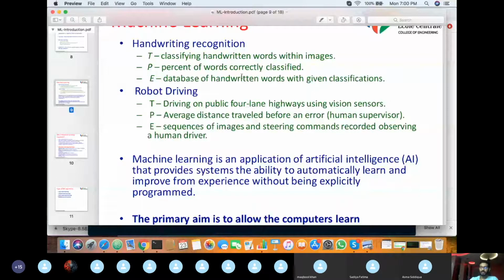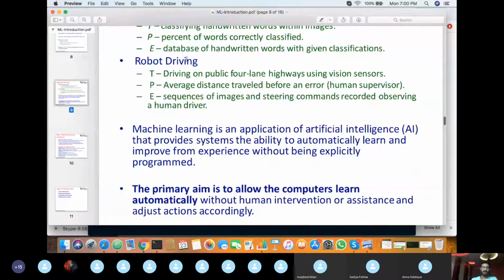The experience here is that we have a huge database of these handwritten words. So it makes it easier and more efficient to compute whatever we require from task T.